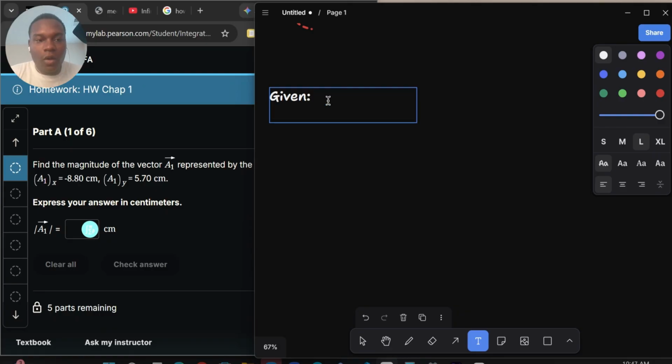Our givens are A1X equals negative 8.8 centimeters, A1Y equals 5.77 centimeters. And it wants us to get the magnitude, which is the length of vector A1.